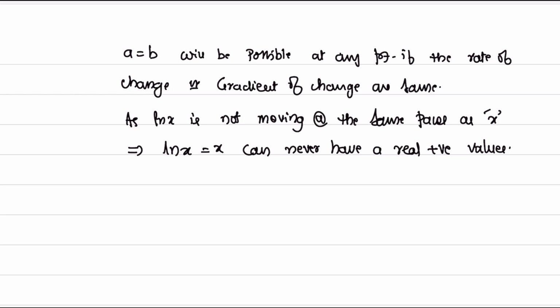Here, ln x is equal to x implies x is equal to e to the power of x. ln x is equal to x means ln x to the base e is equal to x. That implies x is equal to e to the power of x.